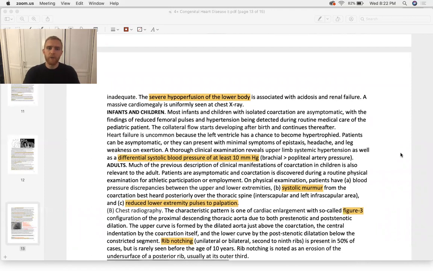Because of that high afterload, the entire heart's volume overloaded. It can also present a little bit past the neonate period in infancy or early childhood. This sort of coarctation is asymptomatic for a while and may initially present as a differential systolic blood pressure.